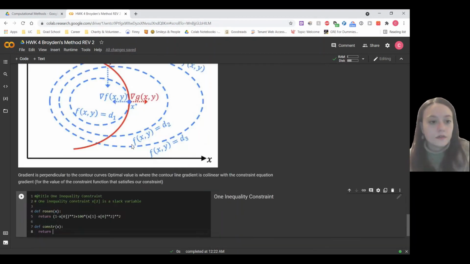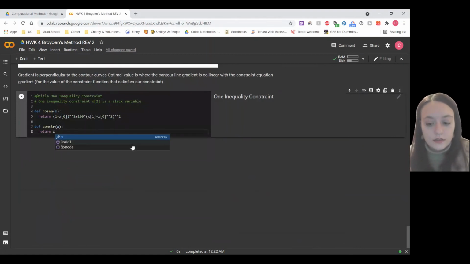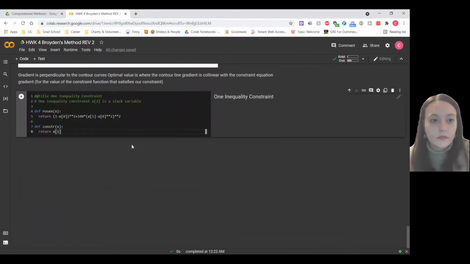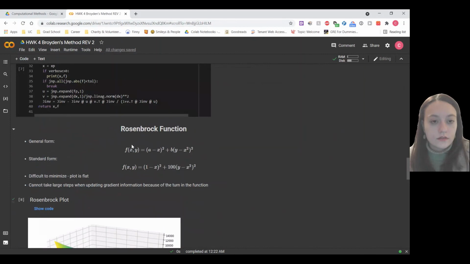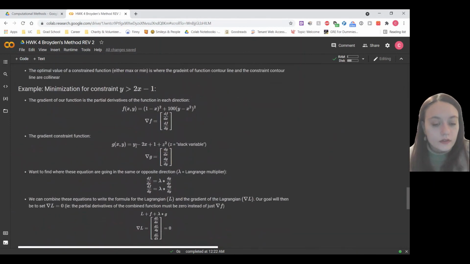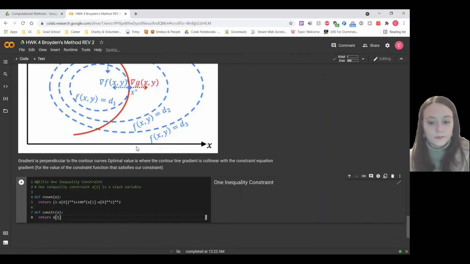So looks like x1, y minus 2x plus 1 plus z squared. 1 plus x, or I mean x2, because that's our slack variable.